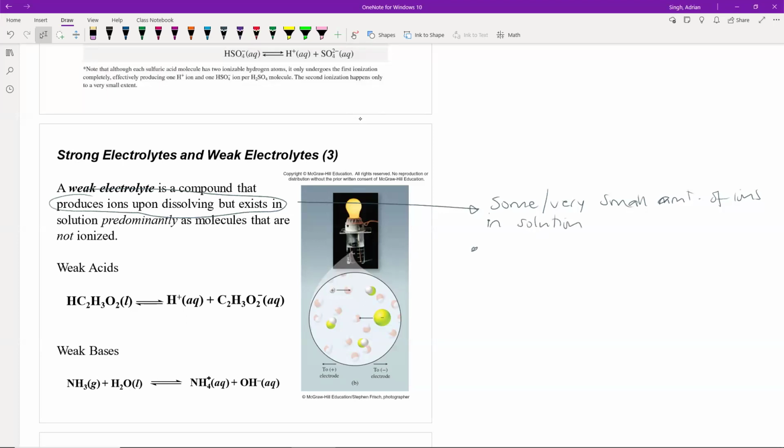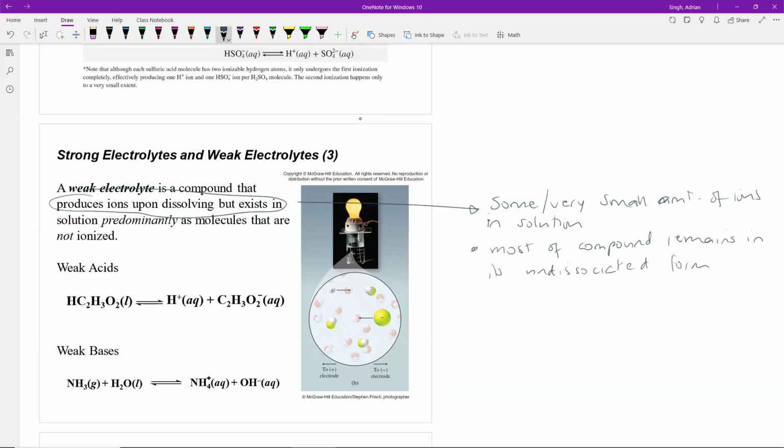What actually happens here is the majority of the compound, whatever that compound is, remains in its undissociated form.